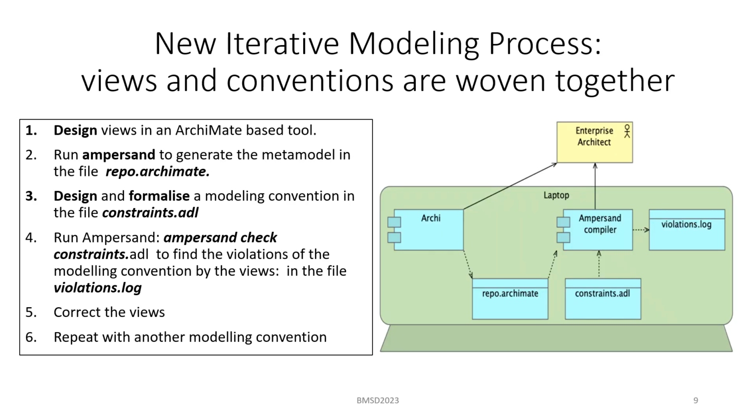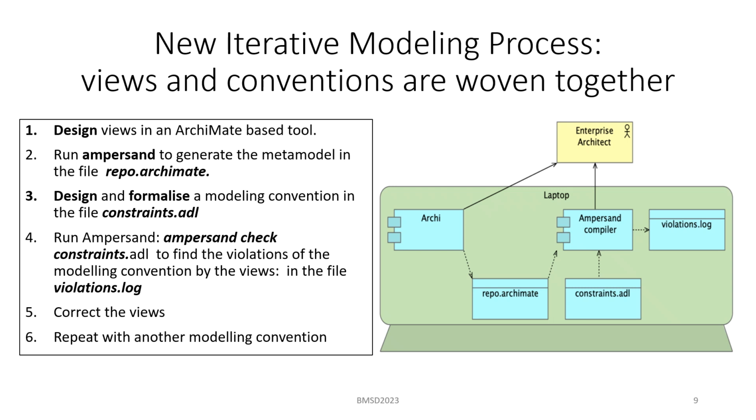Having all these tools, we propose a new iterative enterprise modeling process, where views and conventions are woven together. The first step is to design views in an Archimate-based tool. The second step is to run Ampersand and generate the metamodel in the file repo Archimate.